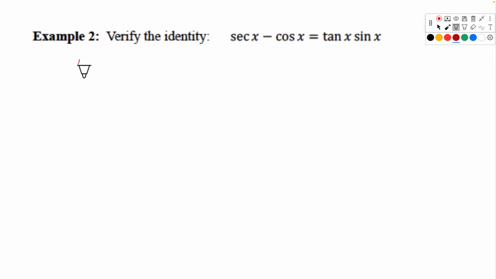Secant is 1 over cosine x. Cosine's already cosine. I'll put it over 1 though, to indicate that I'm starting with the left side. And I want to make it look like this. So I've got to get it so it's tangent times sine.